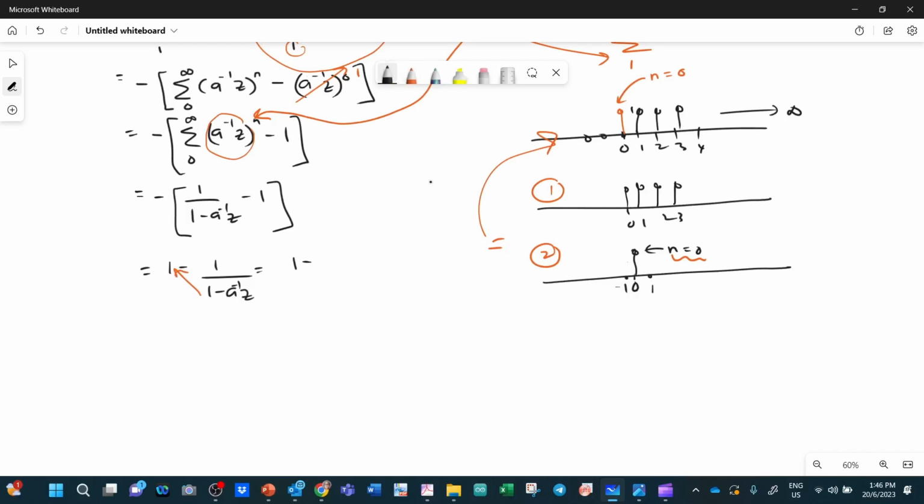So you get 1 minus a minus 1 z minus 1 over 1 minus a minus 1 z. So this one cancels out. Then you get minus a minus 1 z over 1 minus a minus 1 z.